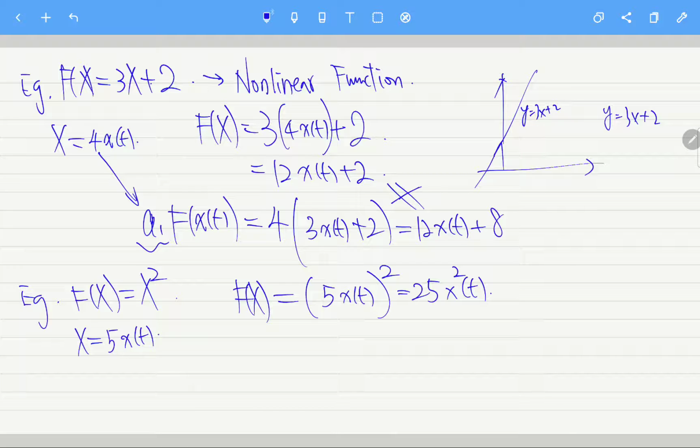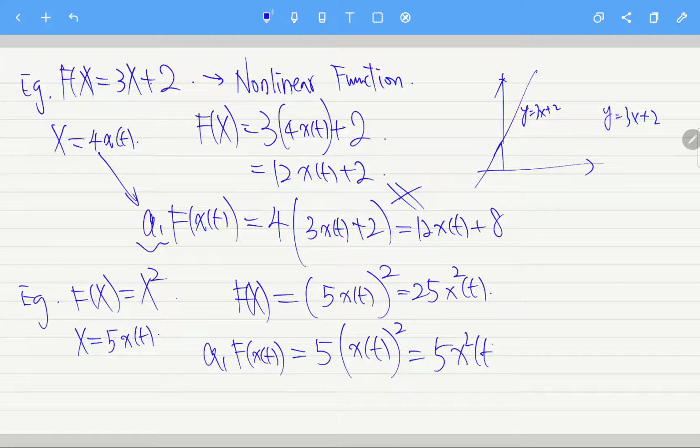And now if we have a1 times f of small x of t, we will have 5 times x of t squared, which is 5x squared. So they are not the same. So of course x squared, x cubed, or even x to the nth power, as long as n is not 1, then all of them are not linear functions.